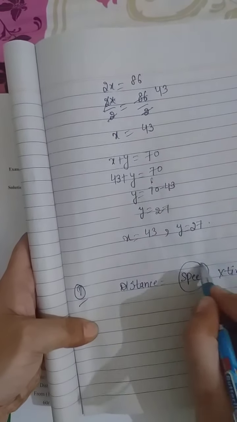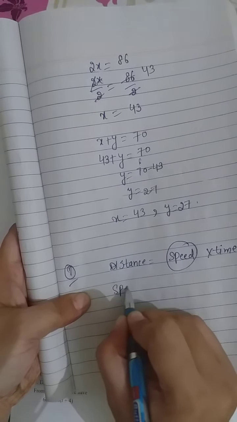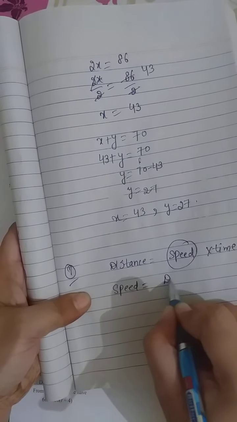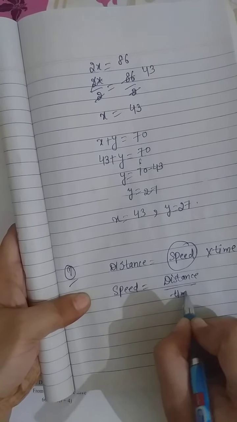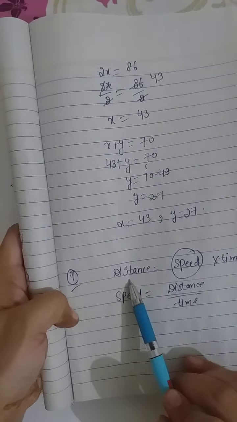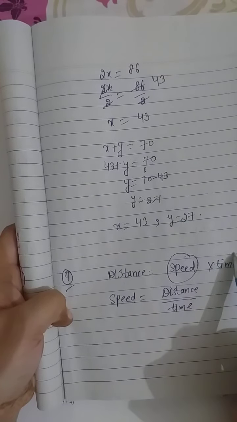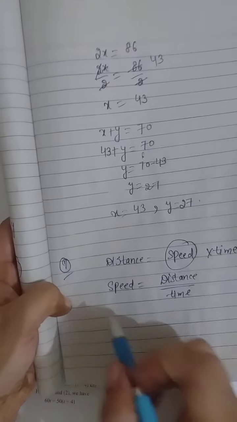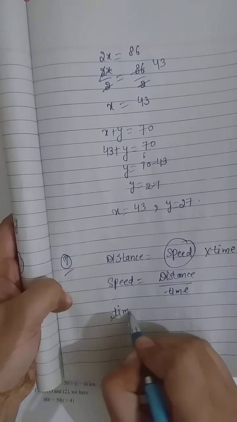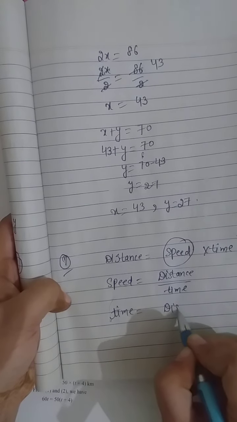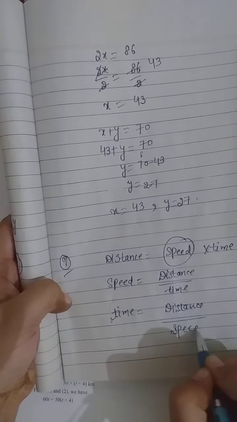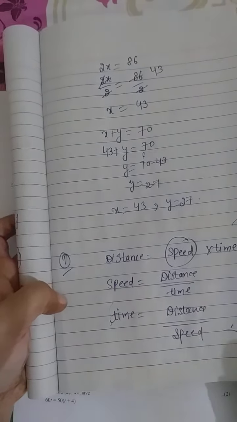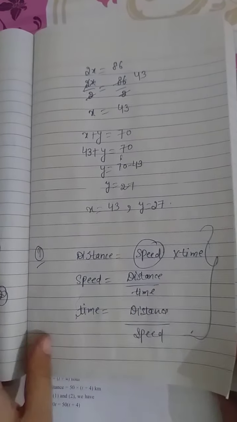When we find speed, that means speed is equal to distance upon time. If we have been given the value of distance and speed, and we have to find the value of time, how can we find it? Time is equal to distance divided by speed. These are some formulas related to this topic.